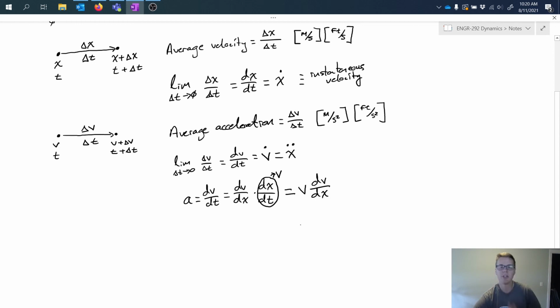The usefulness of this expression is that it doesn't contain time specifically. So if I'm able to measure the velocity at any given point, and the change in velocity and the change in x position, I can use that information to evaluate acceleration. And I don't have time involved in that expression. That can be useful for me. We'll see that later as we go into it a little deeper.